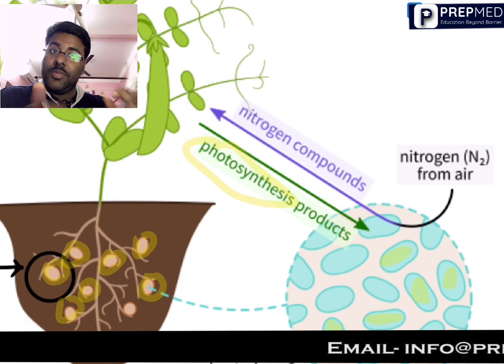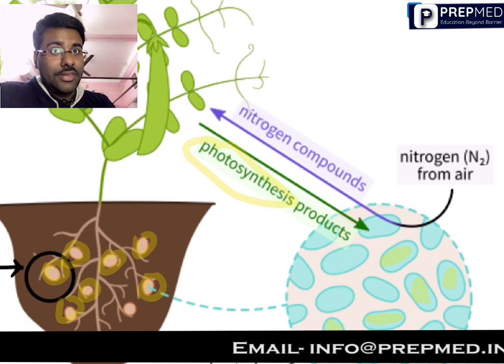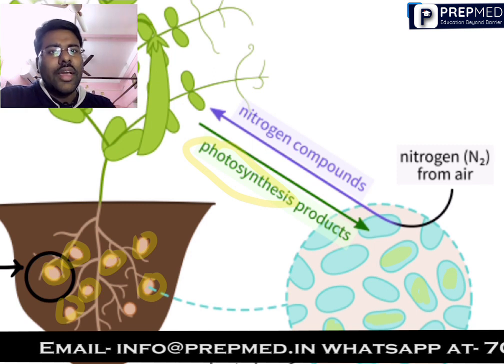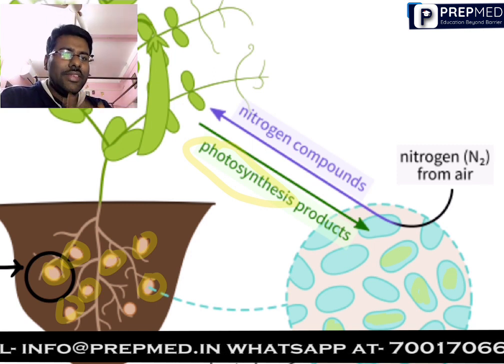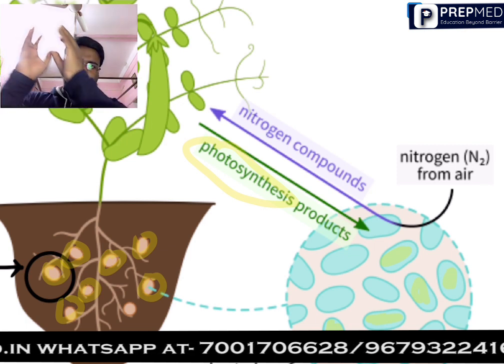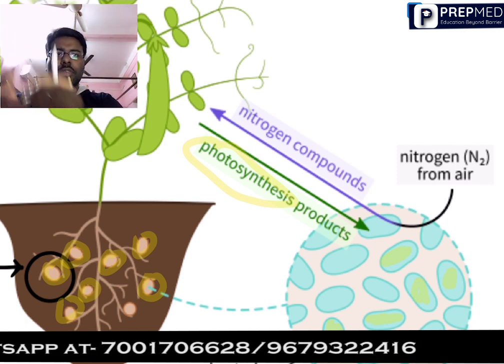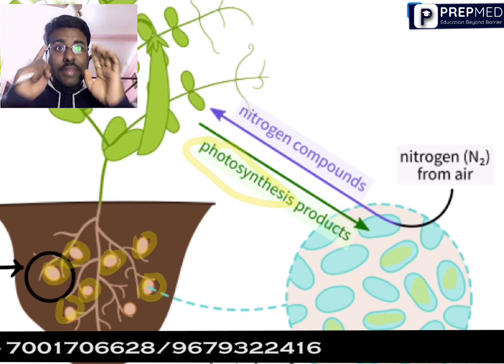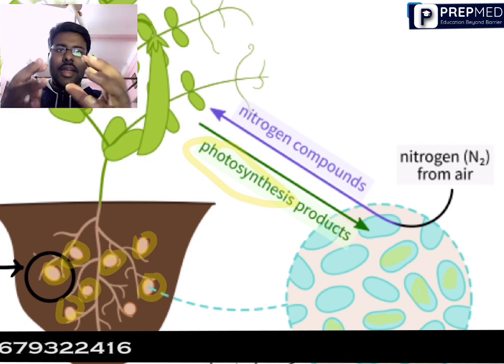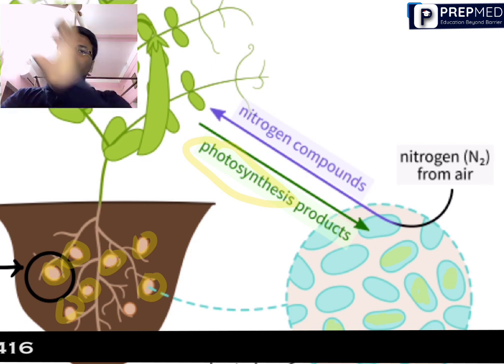This is the food of the bacteria. And the bacteria take the nitrogen from the air, fix the nitrogen, make the nitrogen compound and give it to the plant.